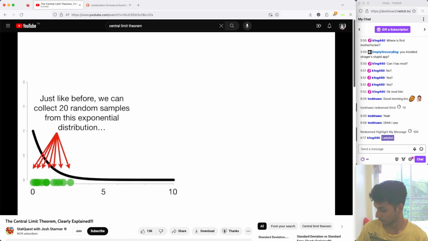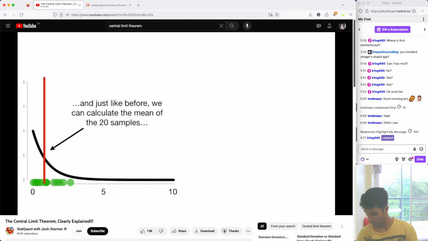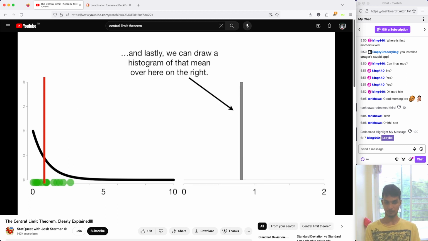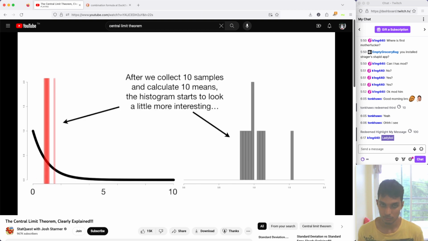Just like before, we can collect 20 random samples from this exponential distribution. And just like before, we can calculate the mean of the 20 samples. And lastly, we can draw a histogram of that mean over here on the right. After we collect 10 samples and calculate 10 means, the histogram starts to look a little more interesting.